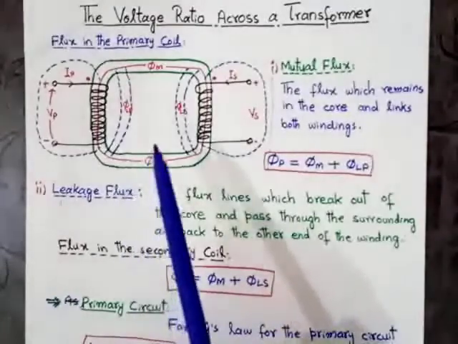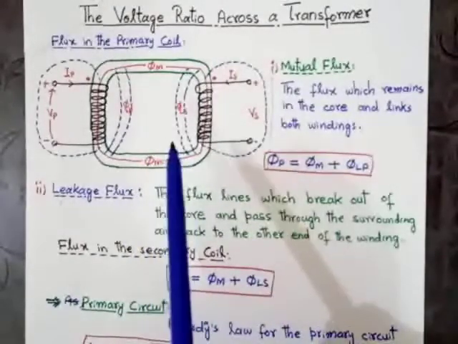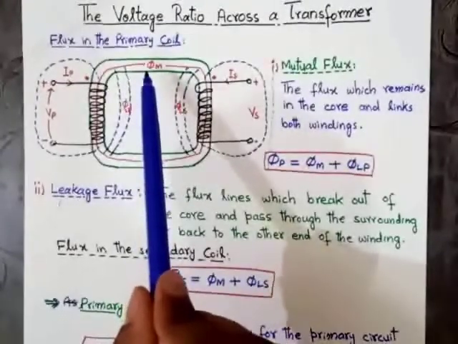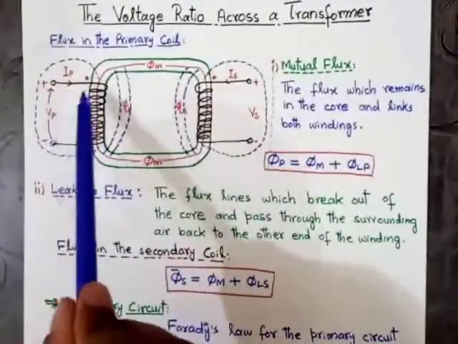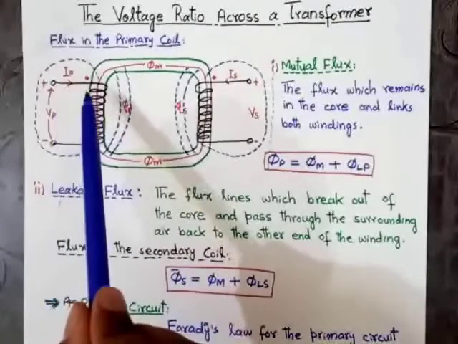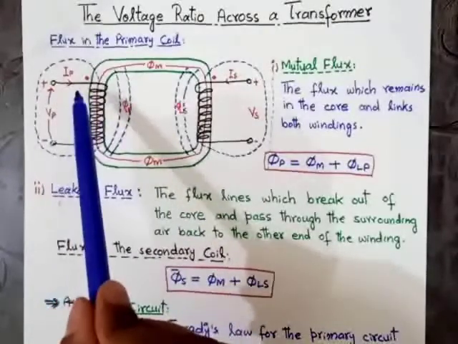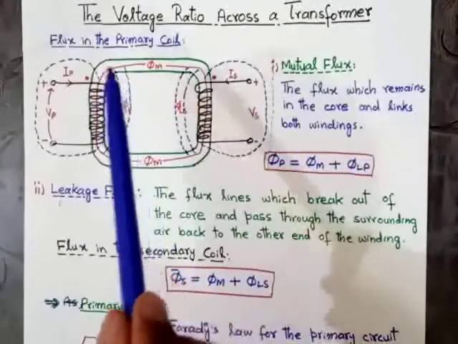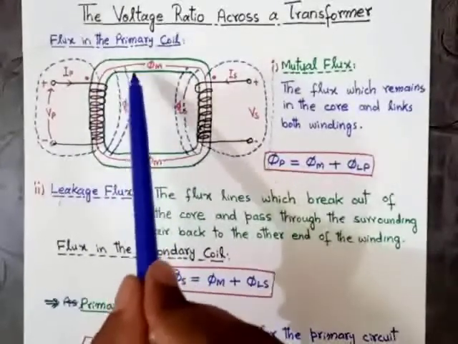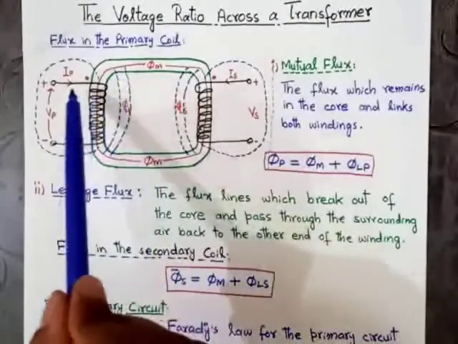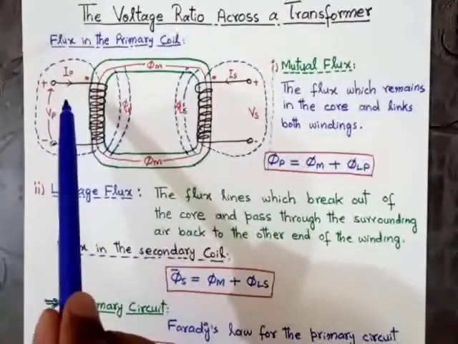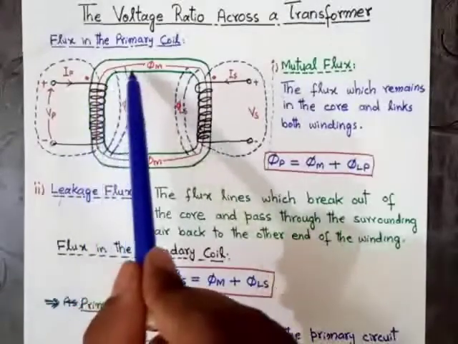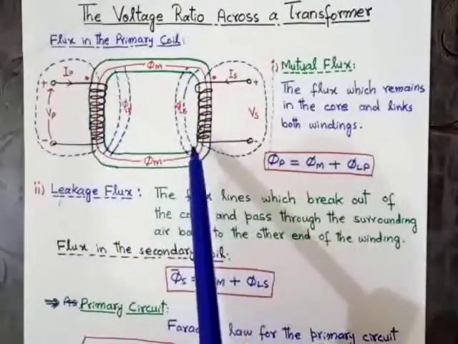As we have already discussed, in an ideal transformer, all the magnetic flux produced by the primary current according to Ampere's law, when the current increases, then the flux will increase, is assumed to pass through the core of the secondary winding.